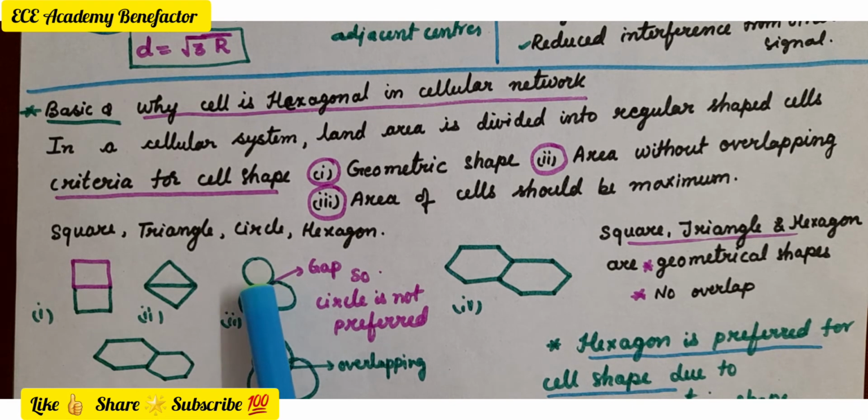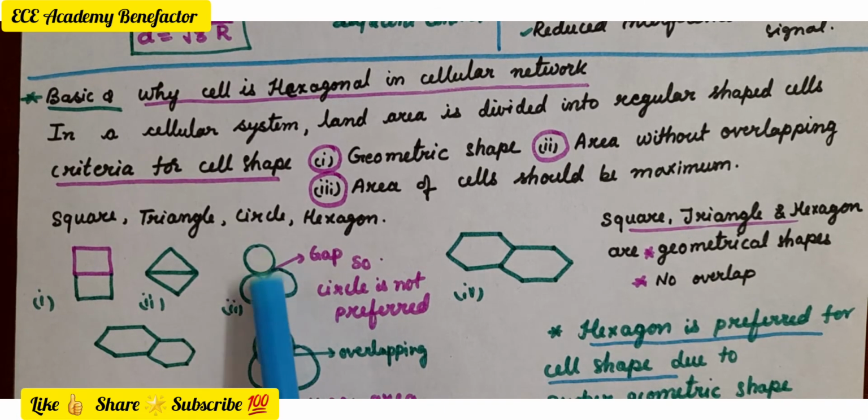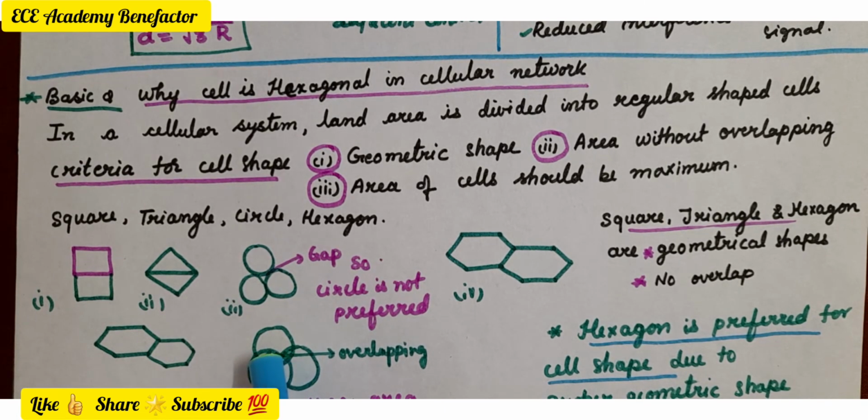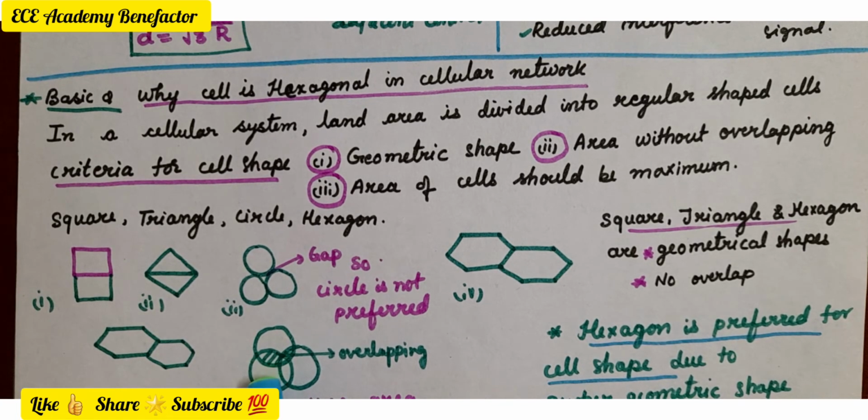Suppose you want to adjust without the gaps, if you are overlapping the circles, what happens? If you want to cover this gap of the coverage area, you have to overlap the circles. But by overlapping, what is happening? There will be interference. The user of cell 1 and user of cell 2 both will have to share the common area.